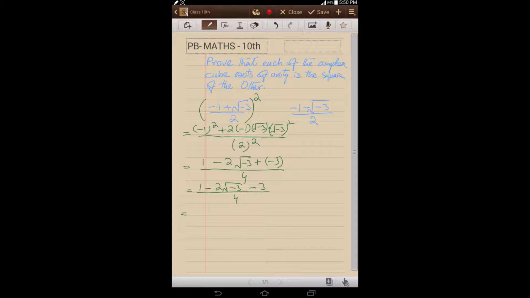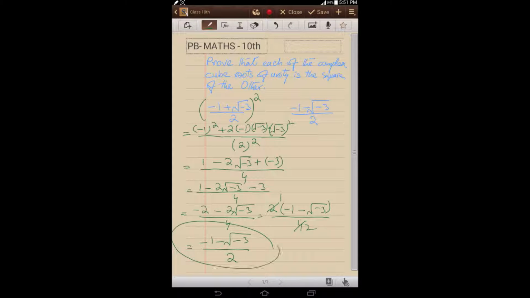So we can write it like this: -2 minus 2√-3 divided by 4. Let's take 2 common, so it becomes -1 minus √-3 divided by 4 times 2. 2 ones are 2, 2 twos are 4. So this is -1 minus √-3 divided by 2, and this one matches with this one.